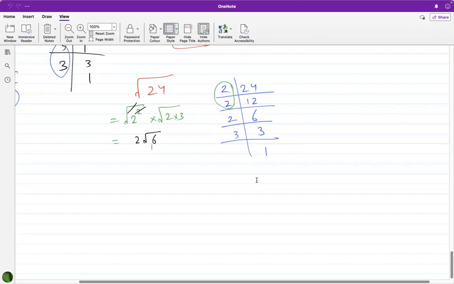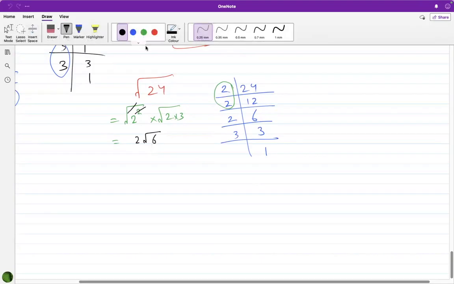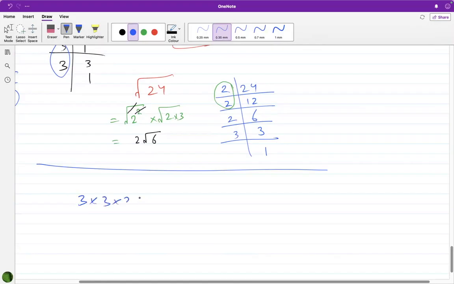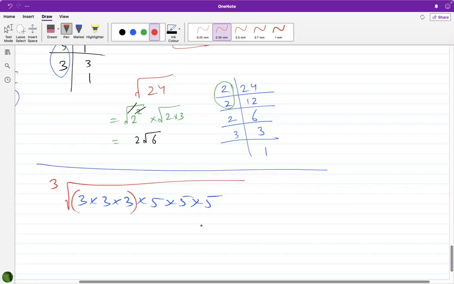We'll first quickly revise that and then we'll see what we have planned for today. Whatever it is, for example, if the number is 3 cube times 5 cube, whenever we are asked to find a cube root, this is what we do: we make sets of 3.